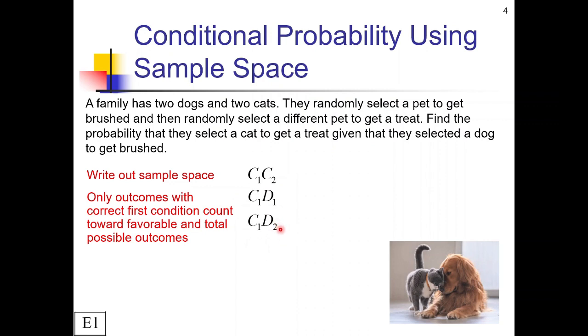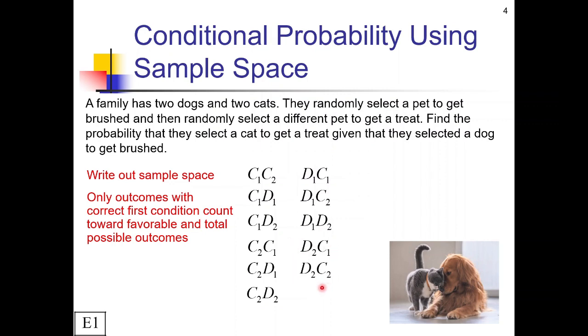We also have cat 2 followed by cat 1, and then C2D1 and C2D2. Then we have picking dog 1 first for all of those: D1C1, D1C2, and D1D2. And finally, the events where we pick the second dog to get brushed first: D2C1, D2C2, and D2D1.